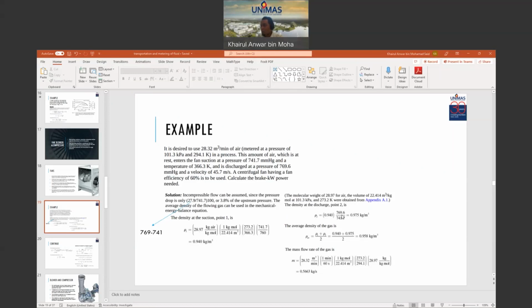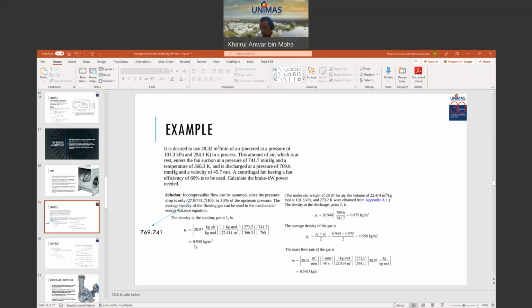Then 1 kilogram mole over 22.414 meter cube is the volume of air, times 273.2 over 366.3. 366.3 is the suction temperature, and this is the atmosphere temperature. 741 is the suction pressure, and this one, atmosphere, is in mmHg.